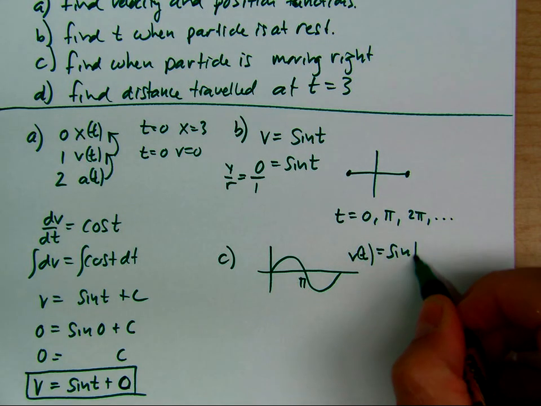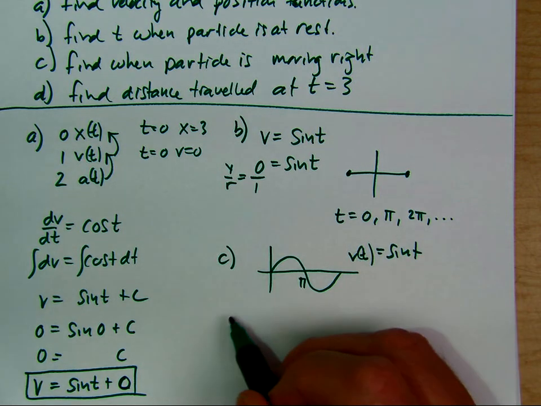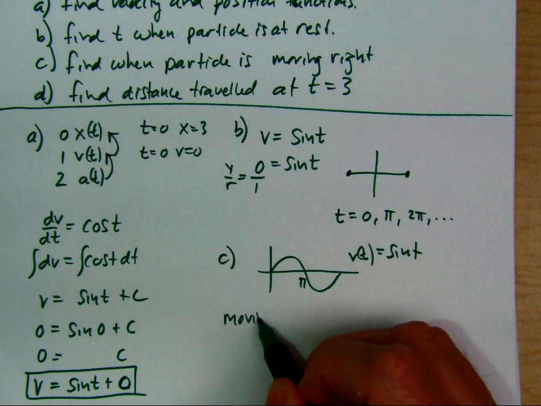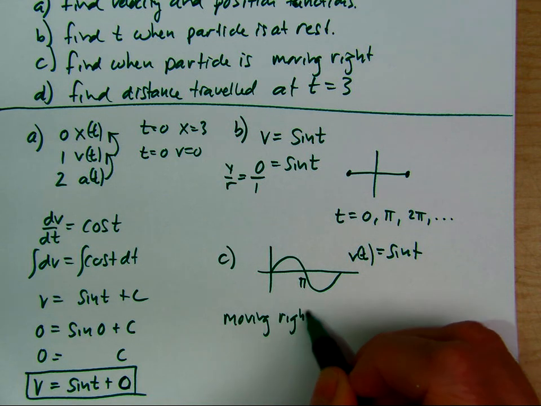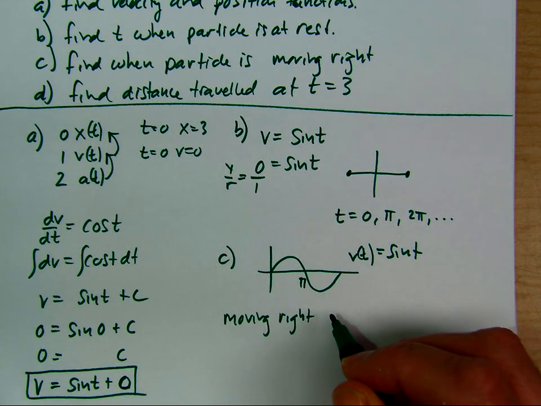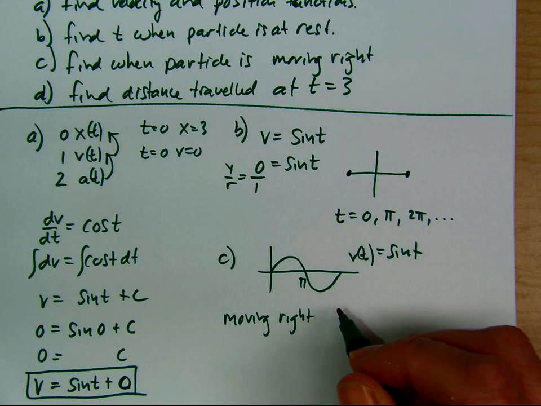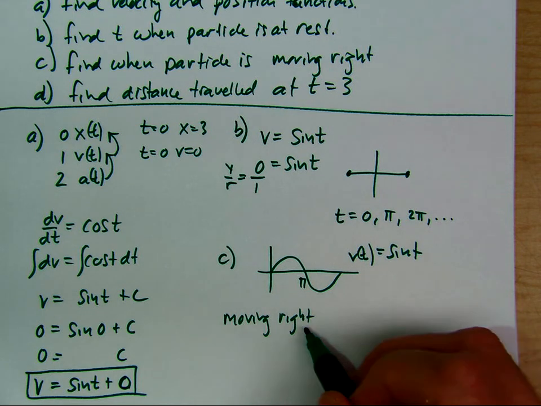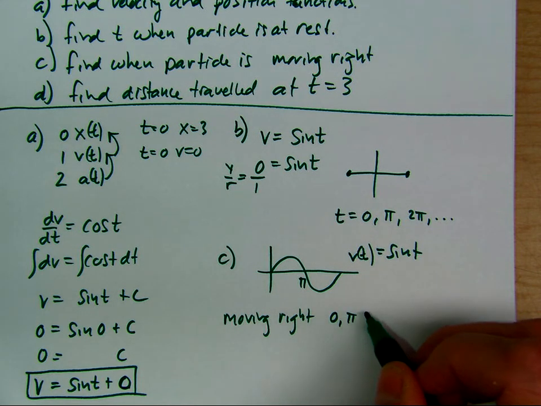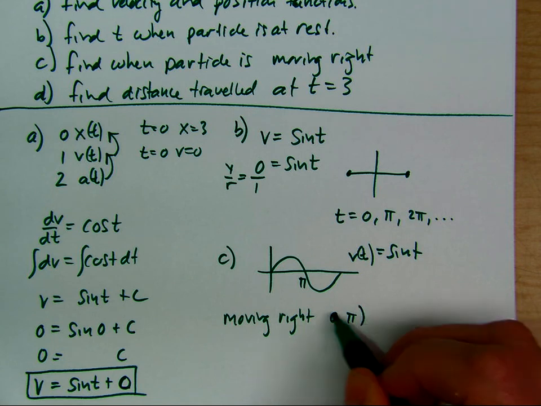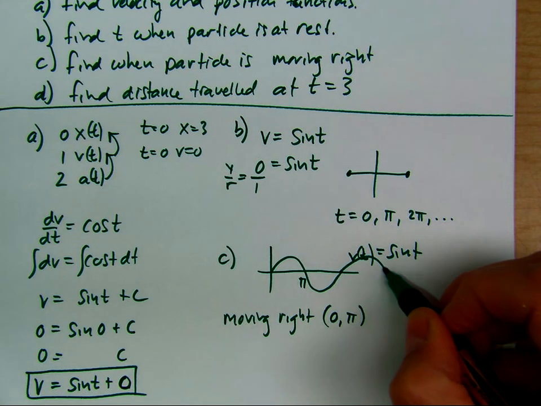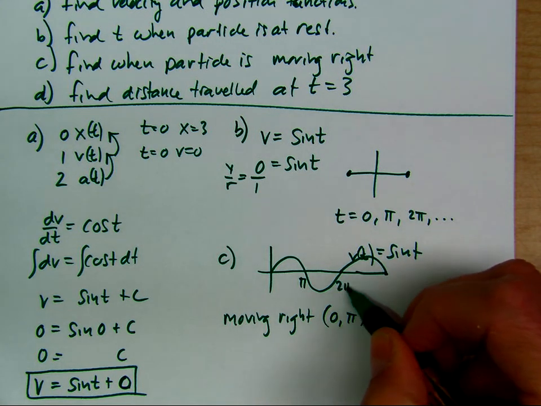If velocity is positive, it's moving to the right. So moving right between 0 and pi, and then between 2 pi and 3 pi.